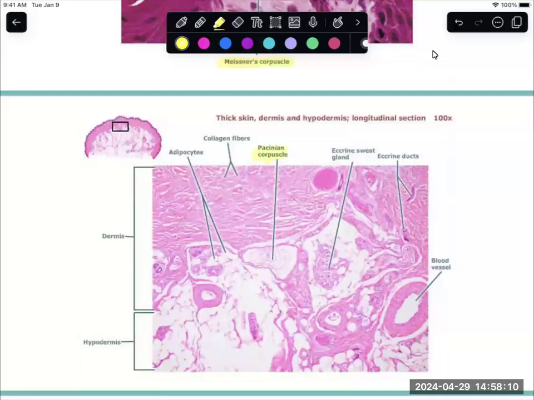That's why I go through and check all of these after the due date. If I put one name, it only let me put one name, but if you put Pacinian corpuscle and I had lamellated corpuscle, I'd still give you the point for it.